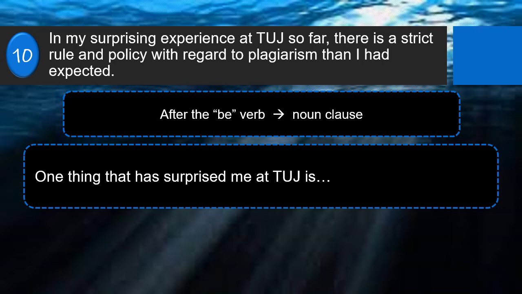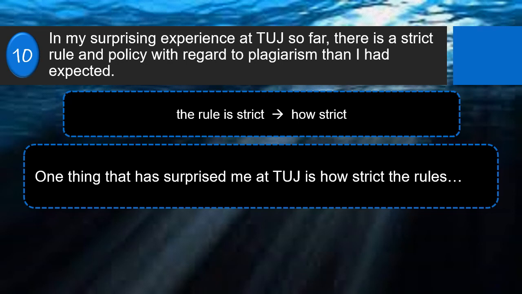Now, after the be verb, you want a noun clause. The rule is strict. You're using "strict," so to make it a noun clause: how strict? One thing that has surprised me at TUJ is how strict the rules. I've made it plural because it's not just one rule, it's a series of rules. Rules and policies, well, they kind of mean the same thing. Pick one. I think "rules" is better, it shows how strong it is.